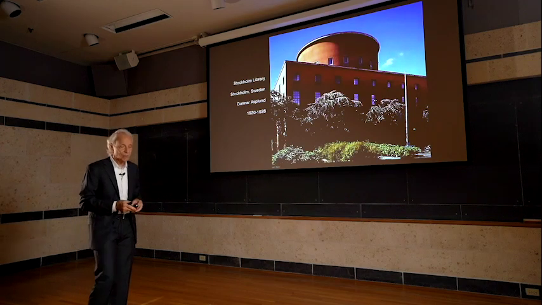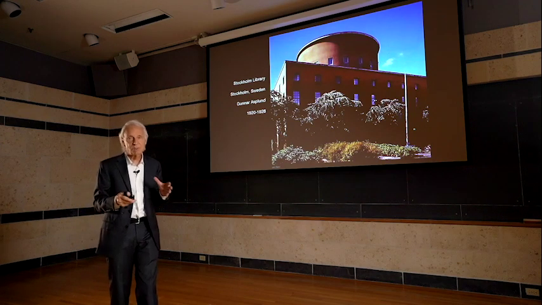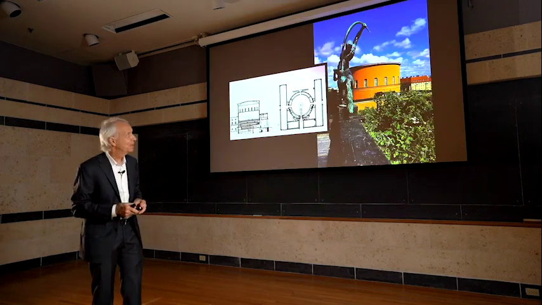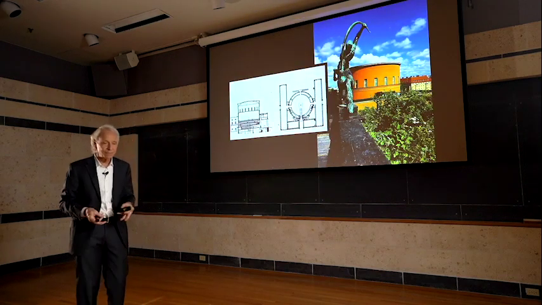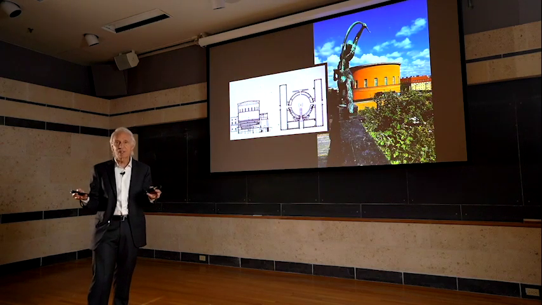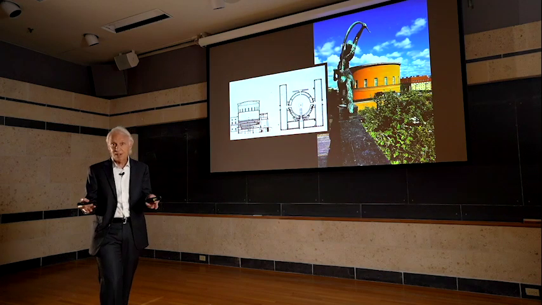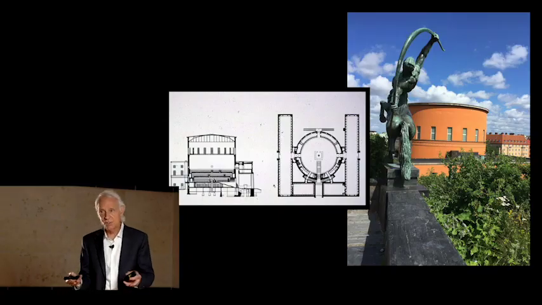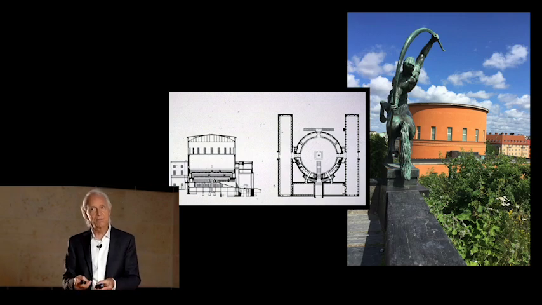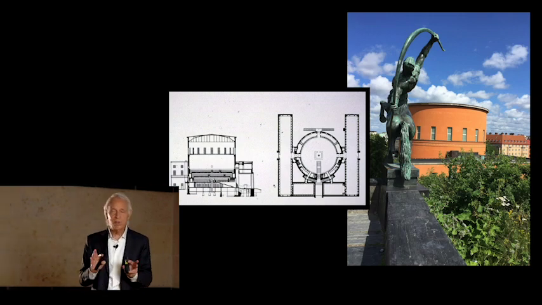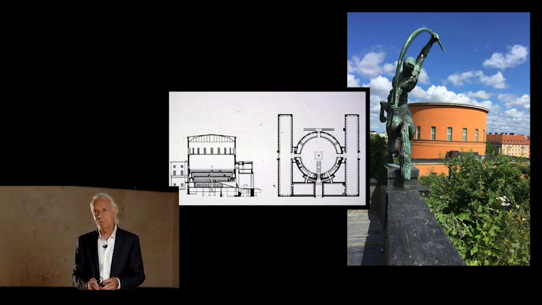The challenge here was to build a new central library for Stockholm. And this was a very important building for Stockholm. The Swedes have their own language, and Swedish is not a large language. It's not spoken by very many people, but it's a very precious thing to the Swedish people.